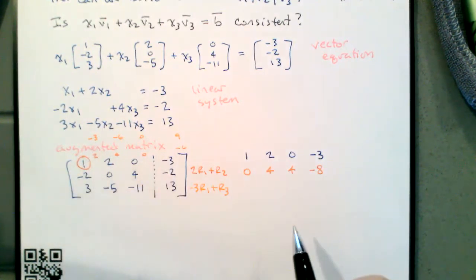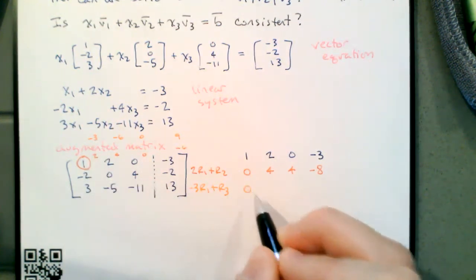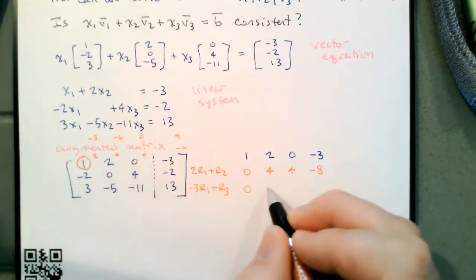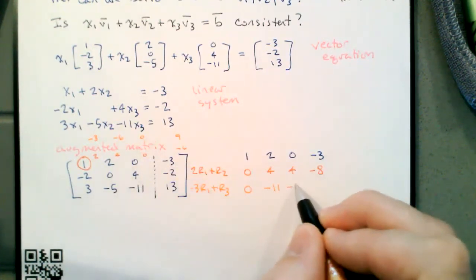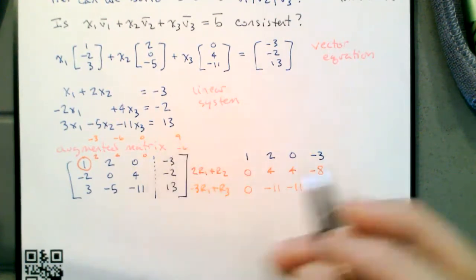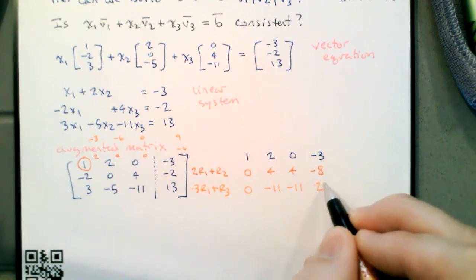I'm going to add that to the third row for my new third row. Negative 3 and 3 is 0. Negative 6 minus 5 is negative 11. 0 and negative 11 is negative 11. And 9 and 13 is 22.